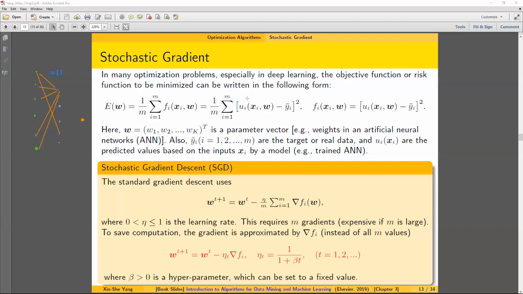So again, use a linear combination of X and W to come back with the estimate minus the real observation and squared. That's the idea. And the predicted value based on the input xi by a model, meaning a trained neural network.